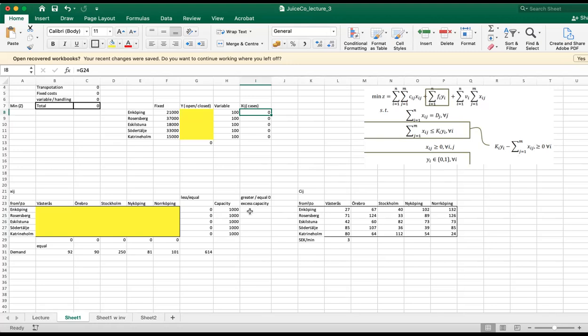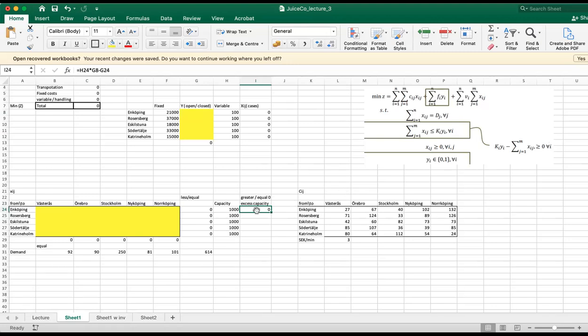So let's put it in here. So it will be equal to the capacity multiplied by whether it is open or closed, subtract what you will send there, and then the remainder should be greater or equal to 0. This is the decision that we're going to put in solver.